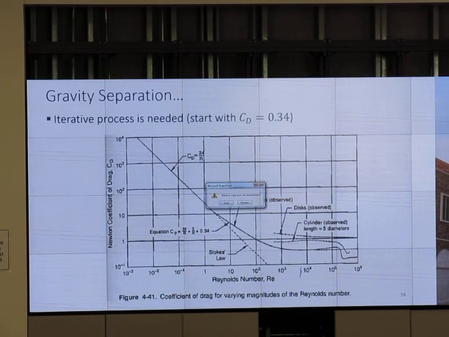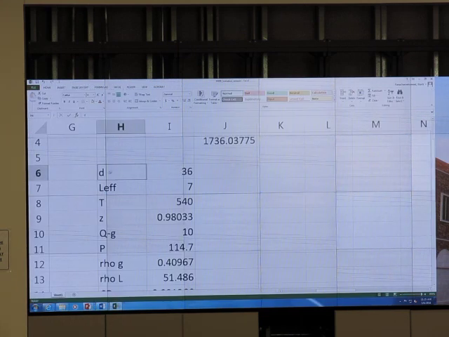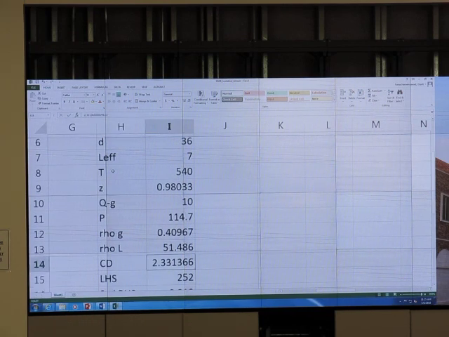So in my Excel sheet, it looks like this. I start from diameter, effective length, temperature, compressibility factor, everything, and put it in. Open that website. C_D, let's assume 0.34.